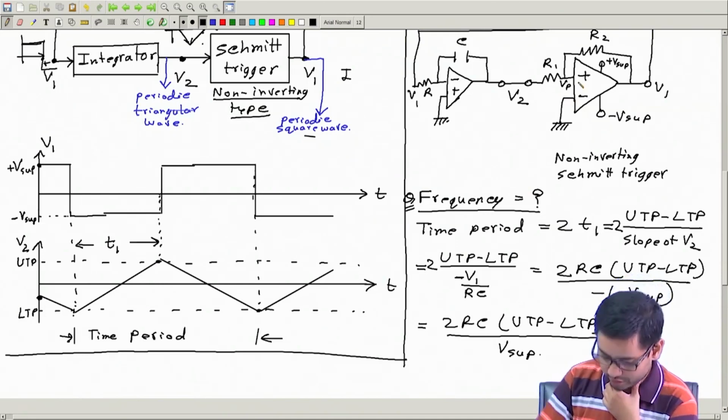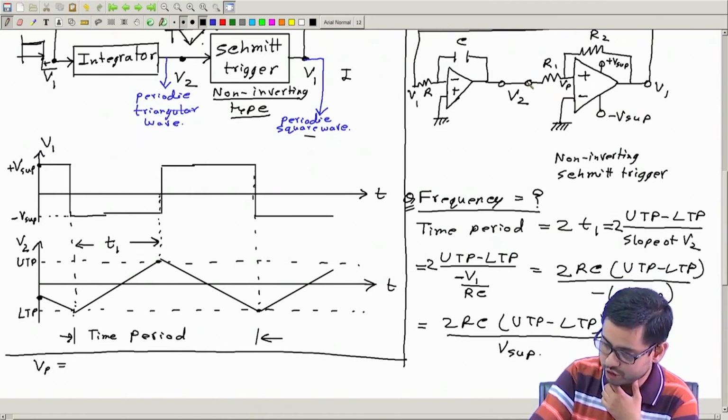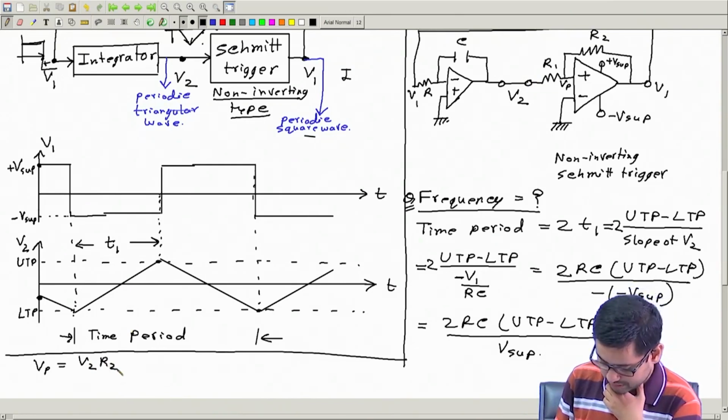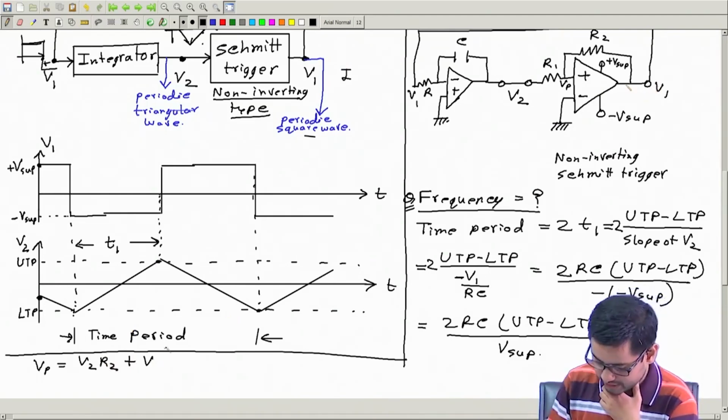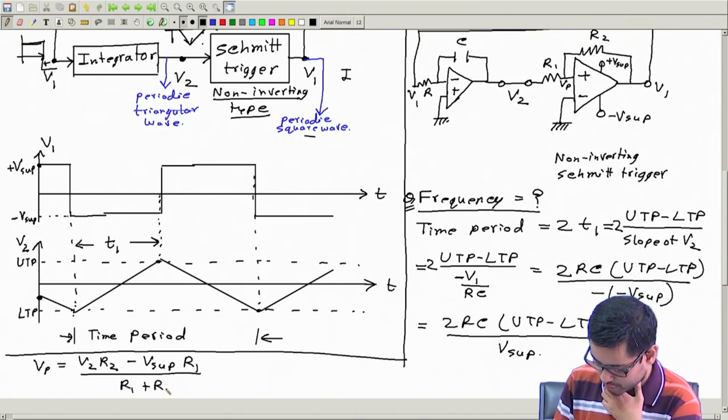And Vp, we know, is given by Millman's theorem. It is V2 R2 plus VO, and VO at this moment we are assuming is equal to minus V supply, multiplied by R1 divided by R1 plus R2.